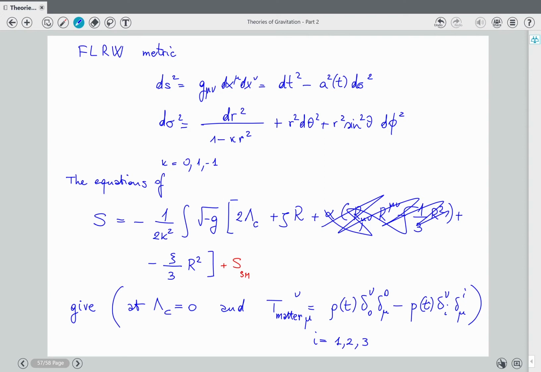You can check it because, well, that can be written as a square of the Weyl tensor. So it cannot contribute if the metric is the ansatz for the metric. That is an ansatz, so a guesswork for the metric. The ansatz for the metric has a Weyl tensor that is identically 0.